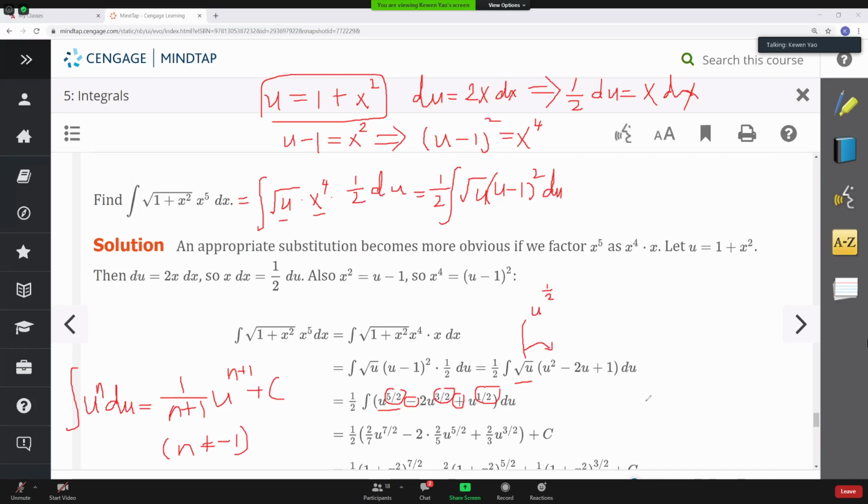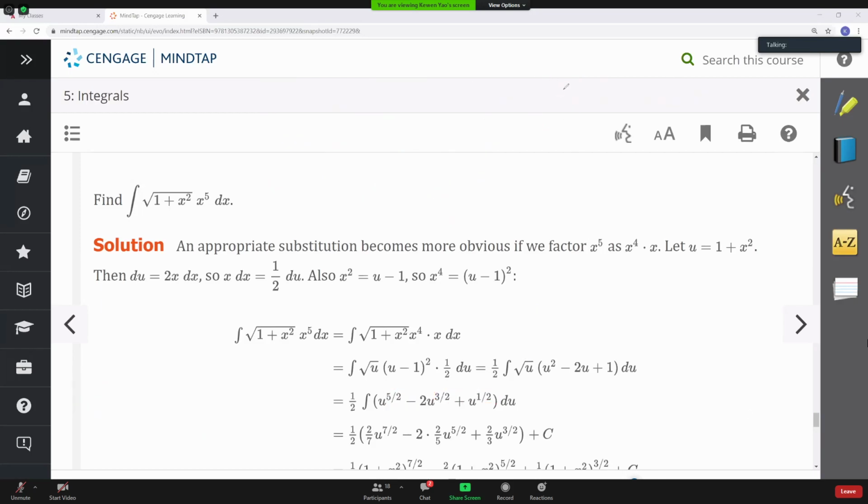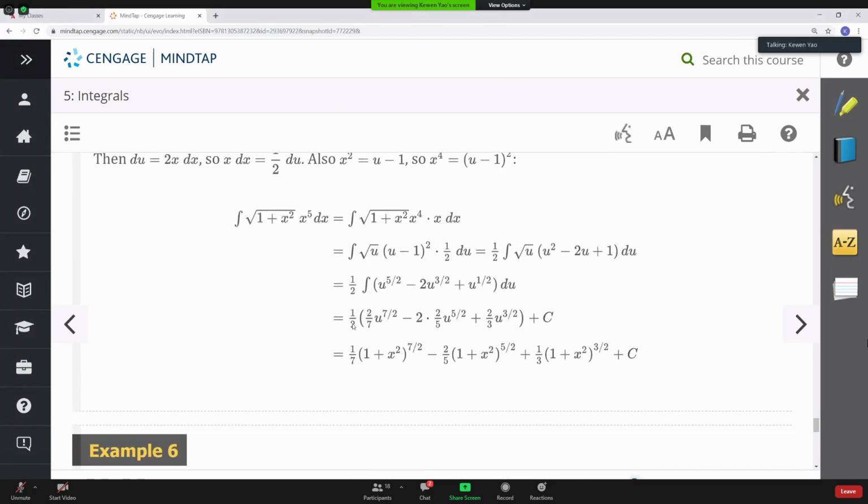So you can simplify by doing distribution. You can simplify further. You distribute the 1/2 to cancel out, so it's 1/7. What's u? U is 1 plus x squared, to the 7/2.